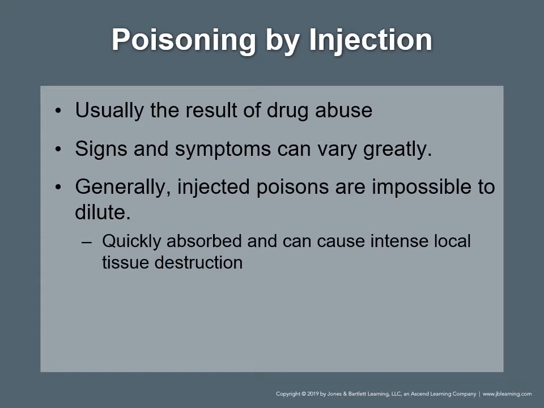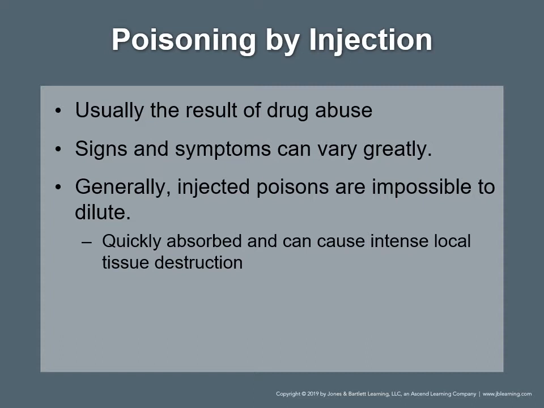Poisoning by injection is usually the result of drug abuse, for example, heroin or cocaine. Signs and symptoms can vary greatly. Frequently, the patient may be able to identify the source, greatly simplifying the assessment process. In general, injected poisons are impossible to dilute or remove. Injected poisons are quickly absorbed into the body or cause intense local tissue destruction.